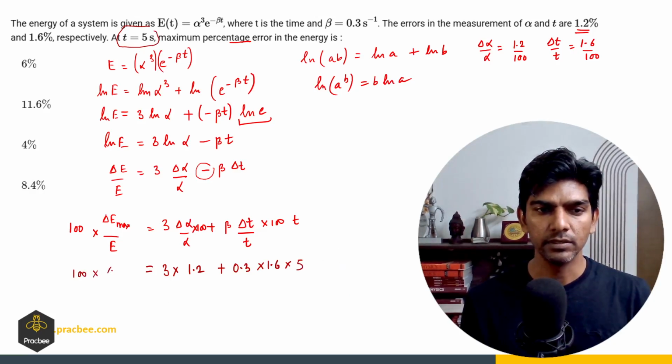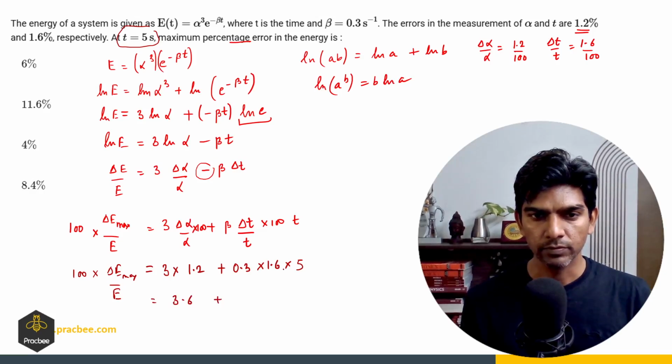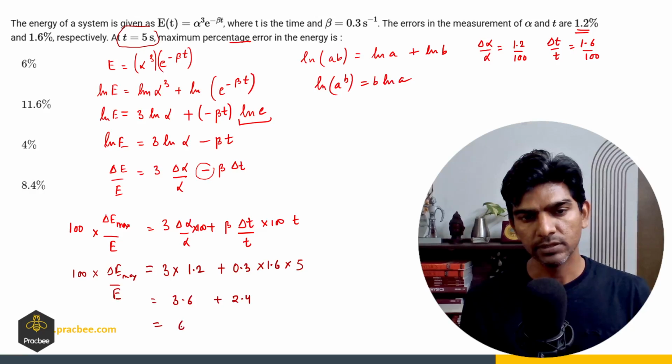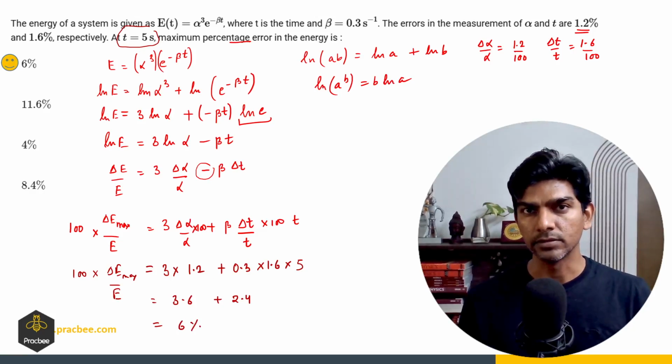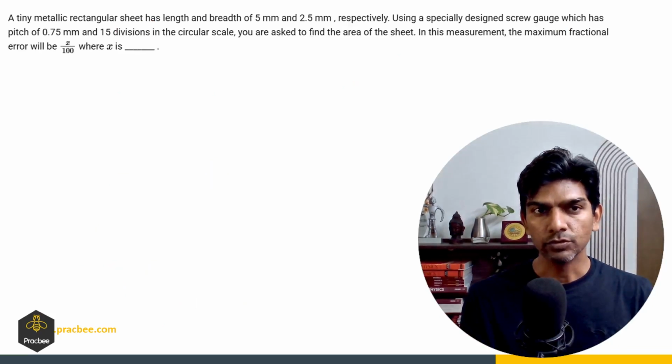This will give us the maximum percentage error in E. This comes out to be 3.6 plus 2.4, which comes out to be 6%. So option 1 will be the right answer. Again, a moderate difficulty question which was asked in JEE Mains. Now let us see the next question.